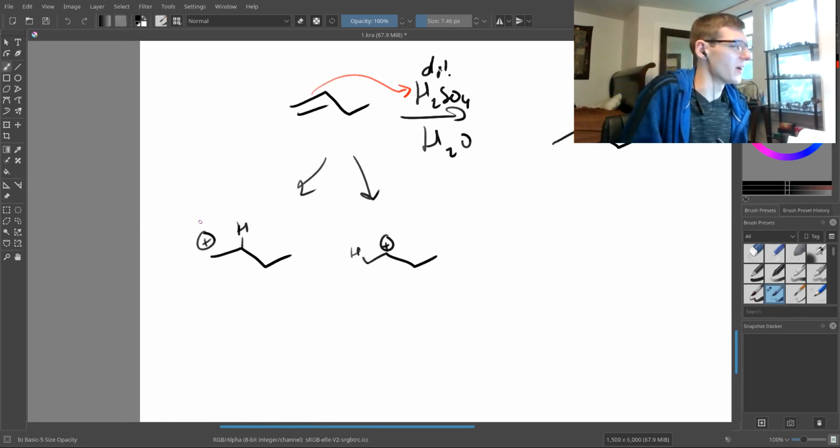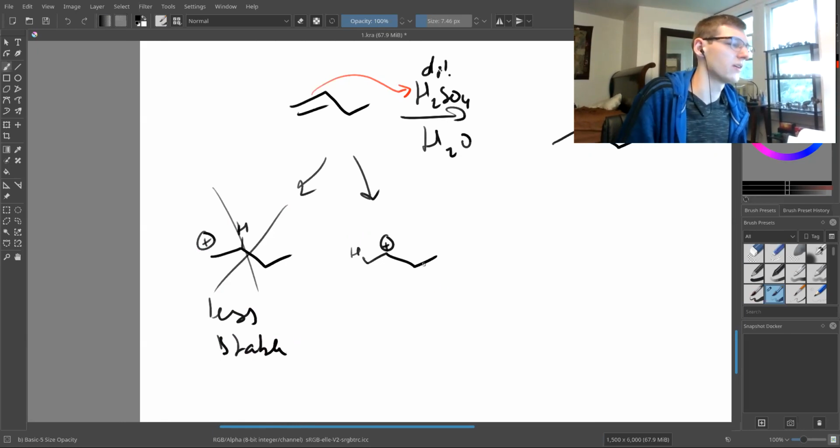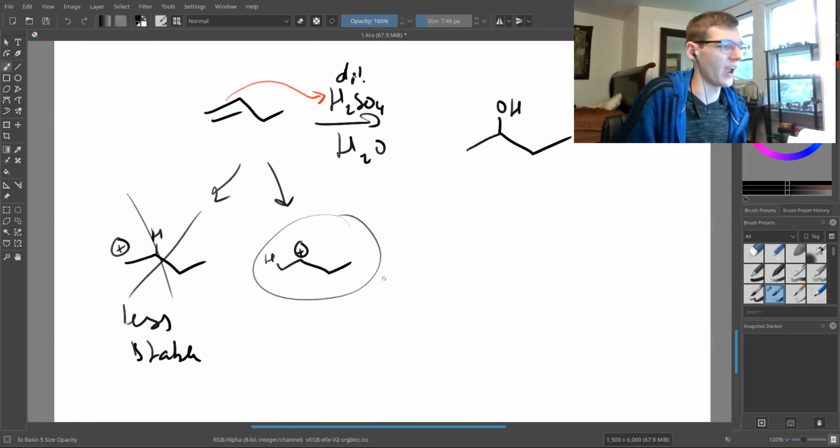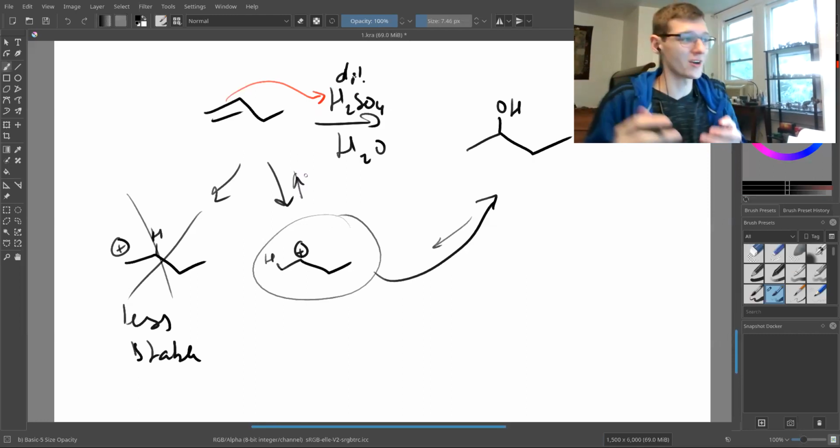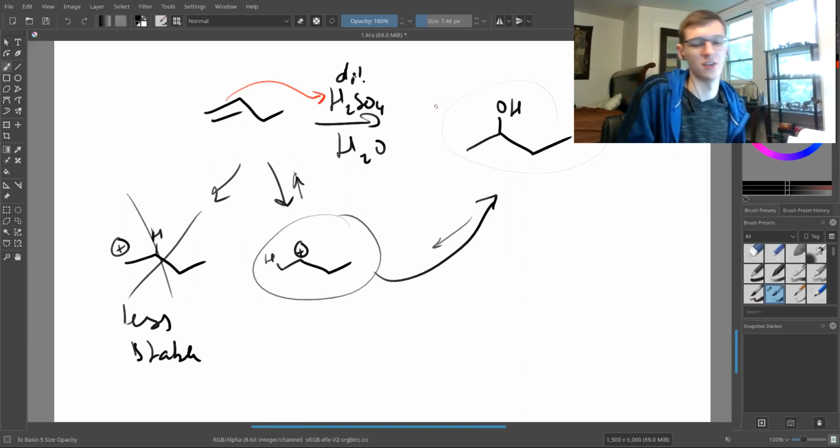So this one is less stable, and so we take this, and now we're off to the races, and we can go up to here. Again, reversible, but we add so much water that it's going to be forced in this direction.